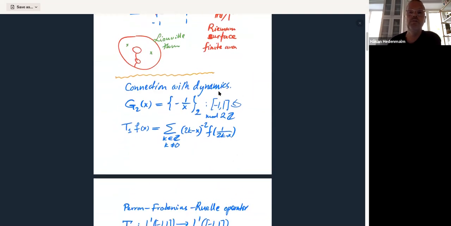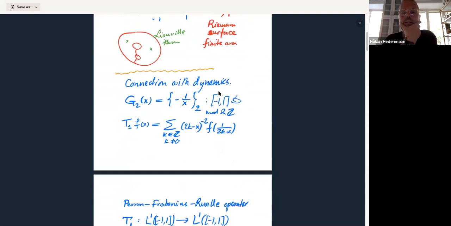Well, it's because you study the functions that annihilate all the basis elements, and then you show that the functions that annihilate the basis elements have to be eigenfunctions for this operator T1 squared.